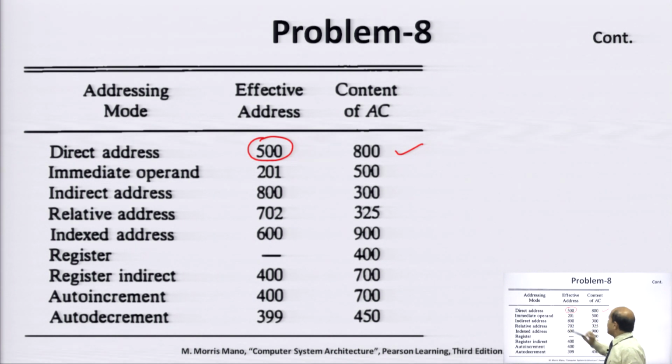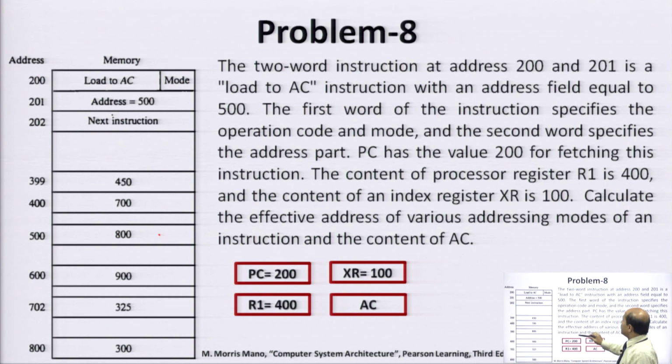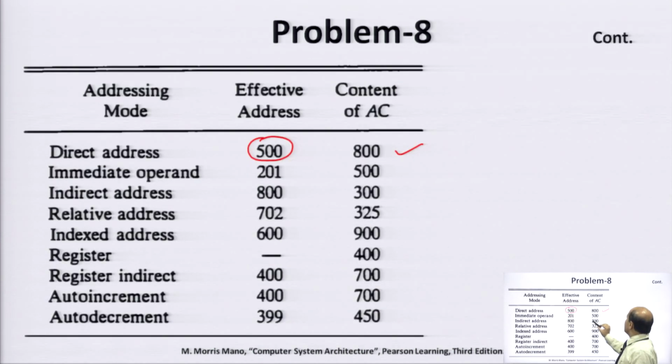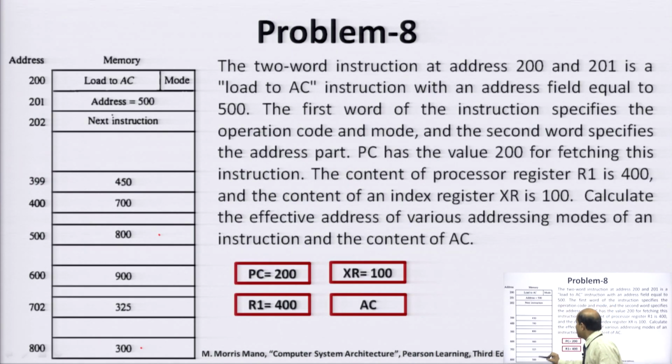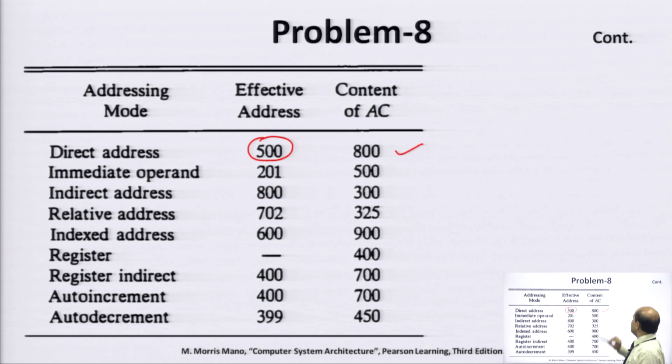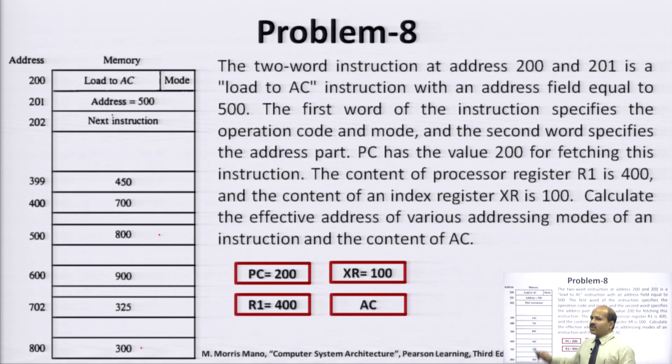Next is indirect address, where you get the data of the 800 location. The value at 800 is 300 in the memory location, which is transferred to the accumulator. Next is relative address mode. In relative address mode, the content of PC is added with the address part.